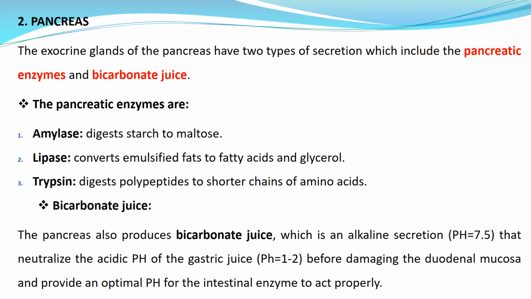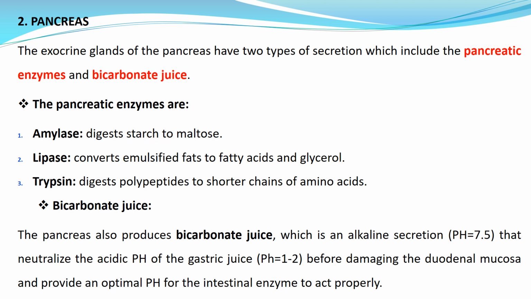So, as we know, the small intestine cannot tolerate such a highly acidic medium. Before the acid damages the duodenal mucosa, it can be neutralized by what?